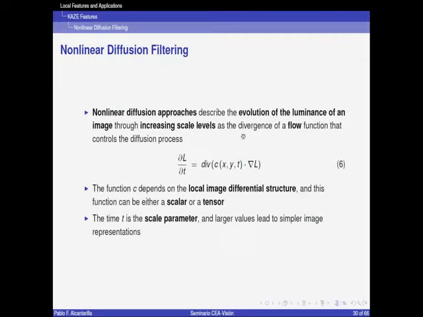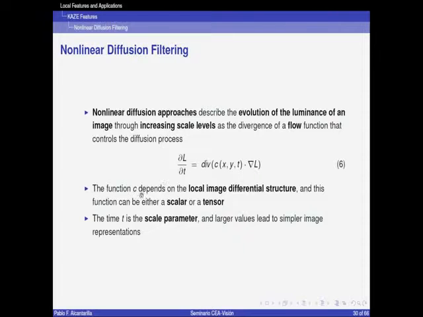L is the luminance of the image, and t is the time, or also the scale parameter. The evolution of the image through scale is equal to the divergence of a certain function that depends on the pixel coordinates x, y and on the scale, multiplied by the gradient of that image at that scale level.